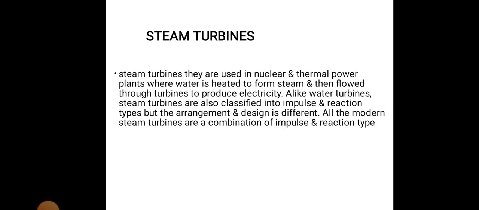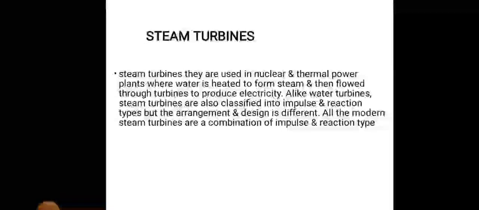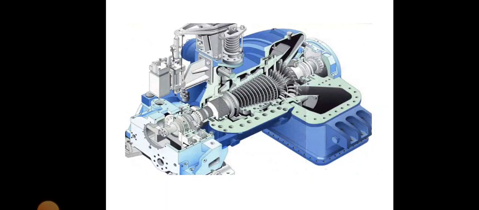Like water turbines, steam turbines are also classified into impulse and reaction types, but the arrangement and design are different. All modern steam turbines are a combination of impulse and reaction type turbines. This diagram shows the steam turbine.